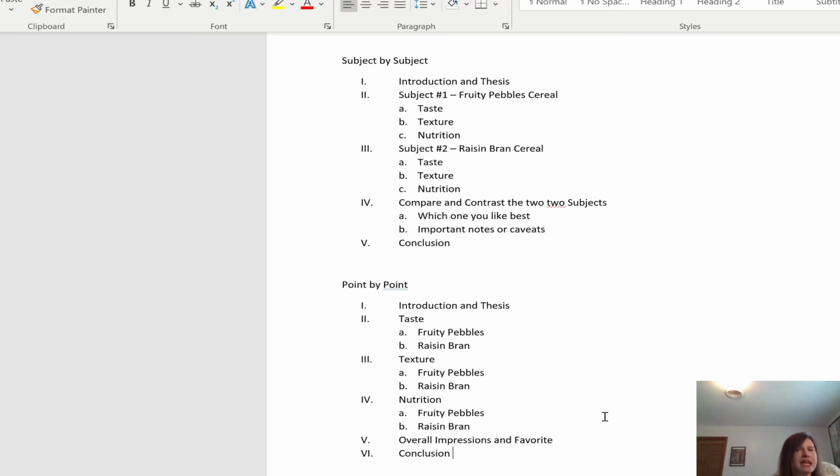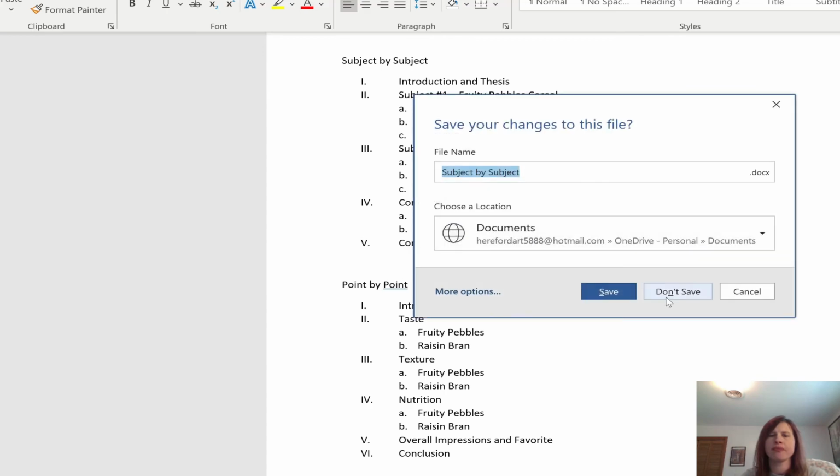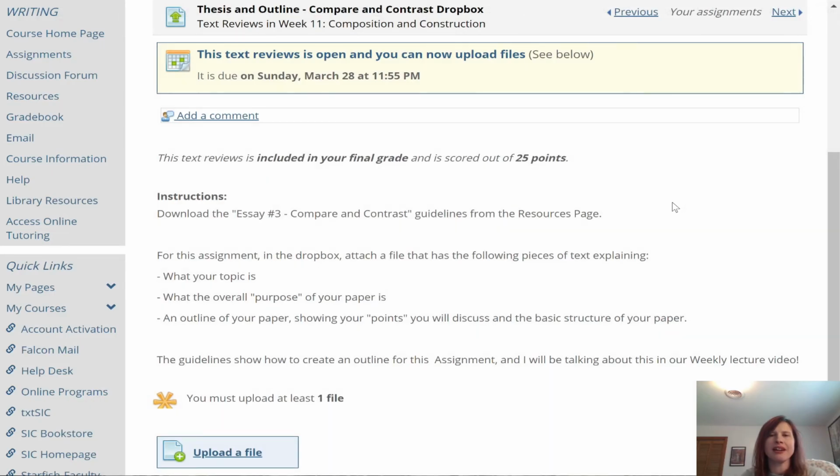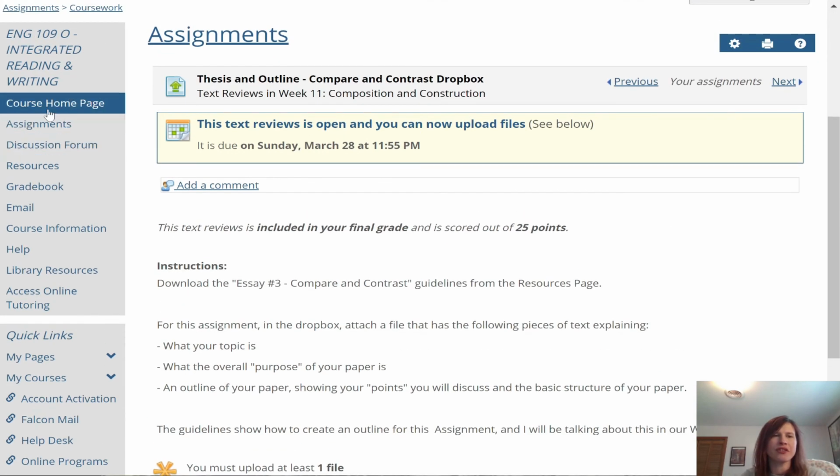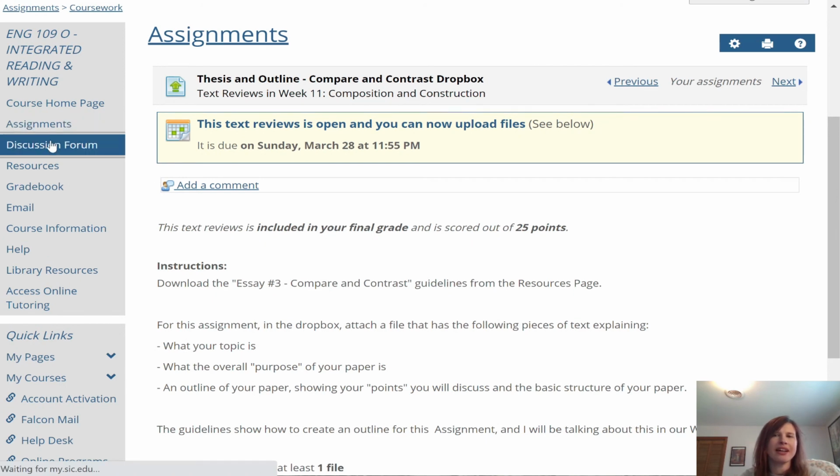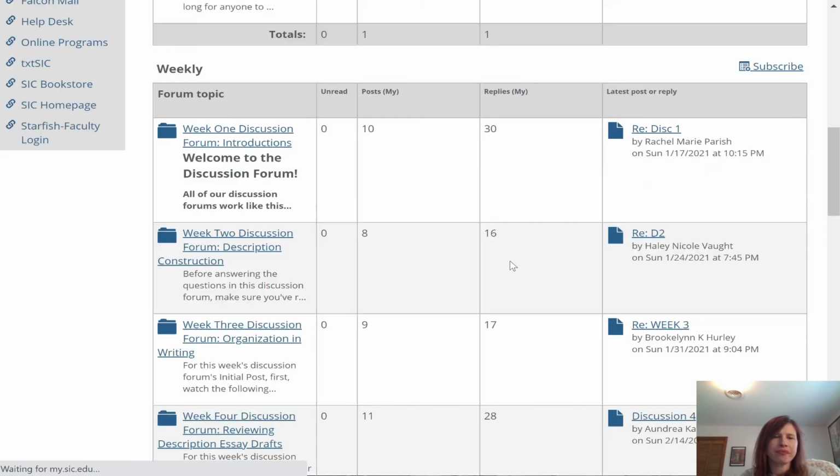It's really just going to depend on your subject and the type of paper you want to create. So you can choose whichever format you want and you can go from there. All right. But that is comparing those two types of outlines for your thesis and outline assignment for paper 3.